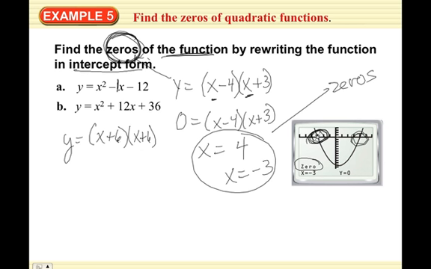Now, if you solve these two, when it equals 0 over here, your answers are negative 6 and negative 6, right? Which really means just negative 6. If you looked at the calculator, how would you see negative 6 and negative 6? You wouldn't. You would only see it touching one place at negative 6.